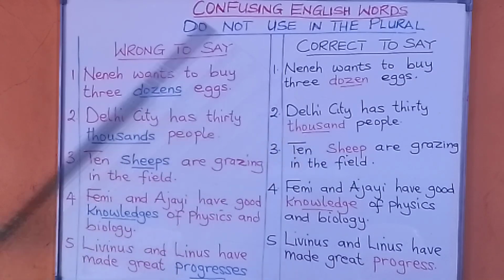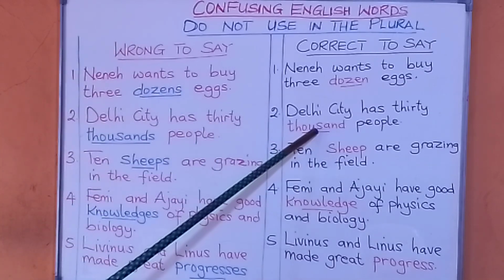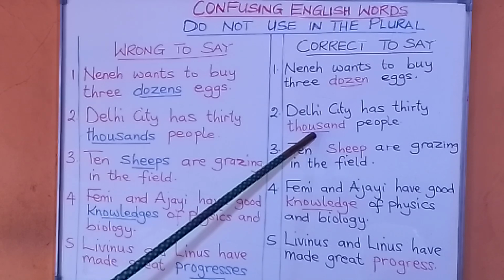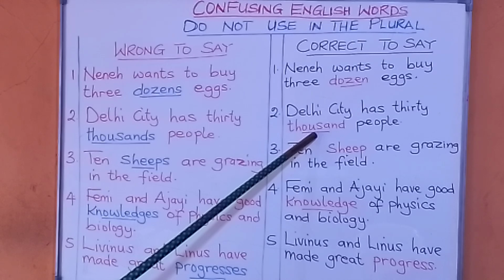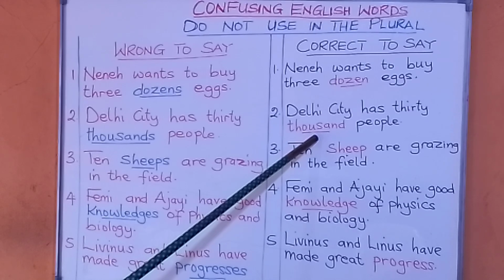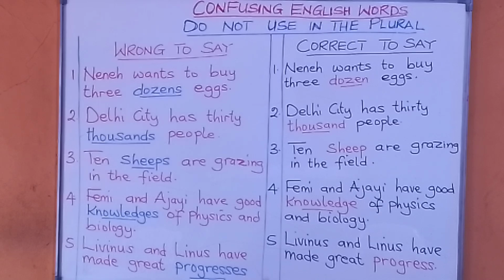The next one is thousand. We don't use thousand in the plural form. Not only thousand, but hundred and million. They take the plural form if they are not preceded by a numeral or by a. For example, thousands of people are present. Thousands of people have the radio.